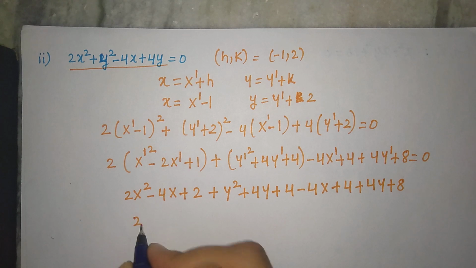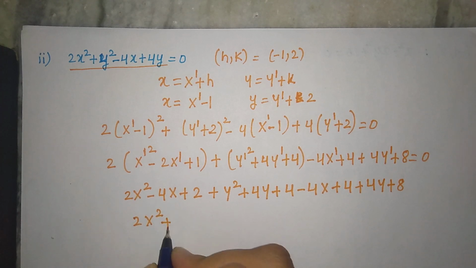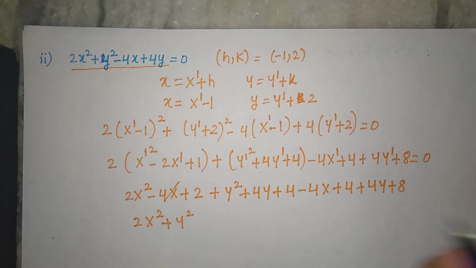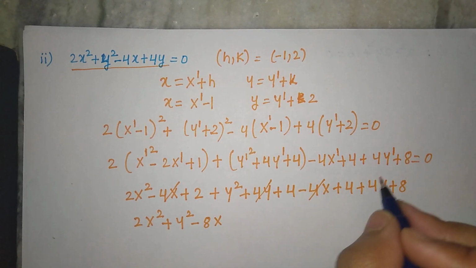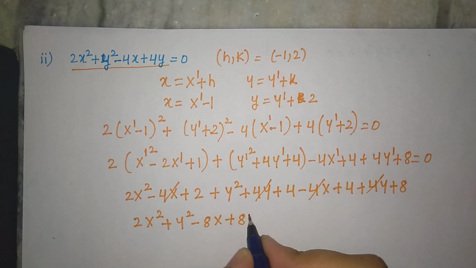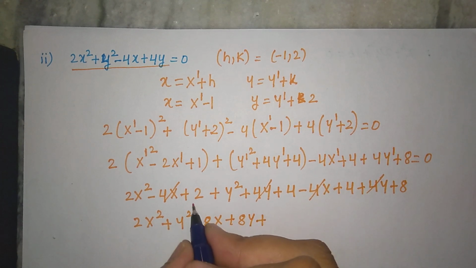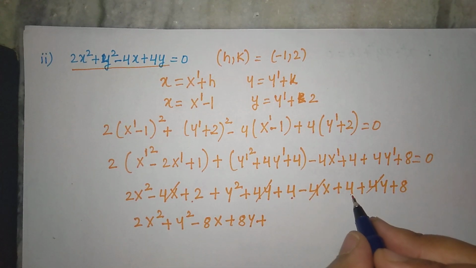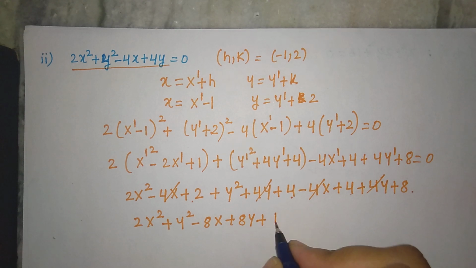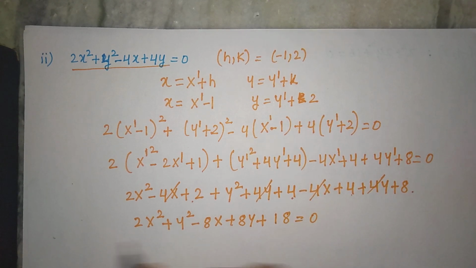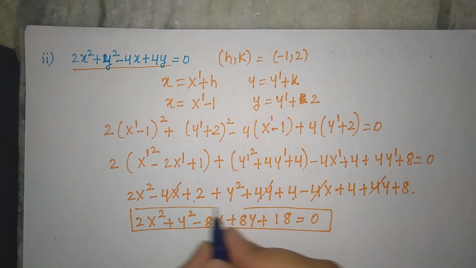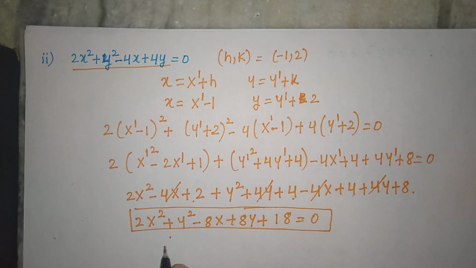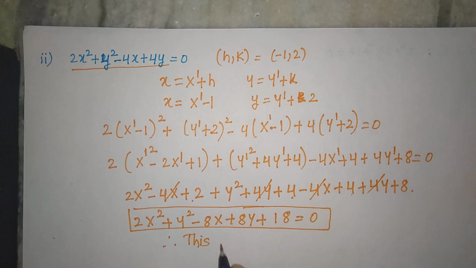So here we have 2x square plus y square minus 4x minus 4x minus 8x plus 4y plus 4y plus 8y plus 6 plus 4 plus 8, that is 18, is equal to 0. So this is the equation of the curve according to the new axis. Therefore this is the transformed equation.